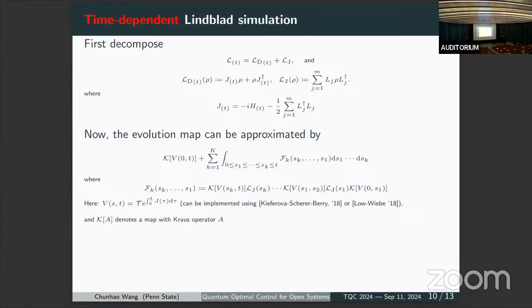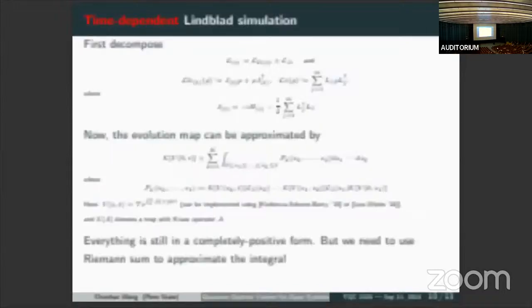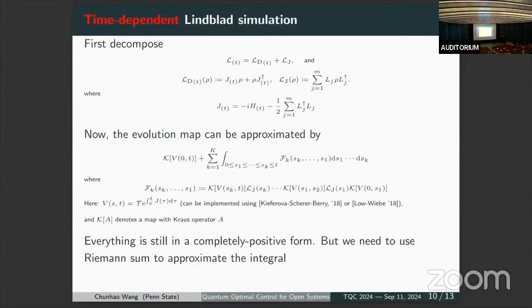For example, you can use the algorithms by Kieferova, Scherer, Berry based on the truncated Dyson series, or the algorithm by Low and Webb based on interaction picture to simulate this map. Then everything's still in the completely positive form. Then you can use previous techniques to implement this map.